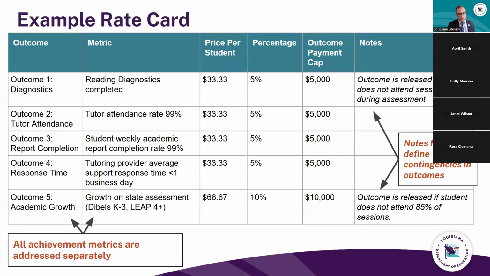The rate card also separates out achievement metrics and specifies what portion of payments are tied to base versus outcome performance. This transparency helps vendors and the school system plan effectively and understand exactly how payments connect to student results. Notes are included to define contingencies.